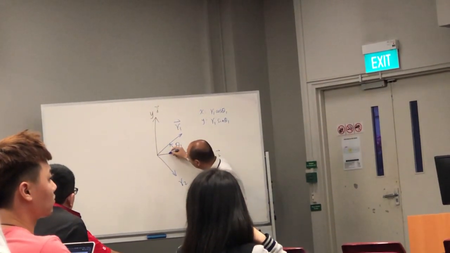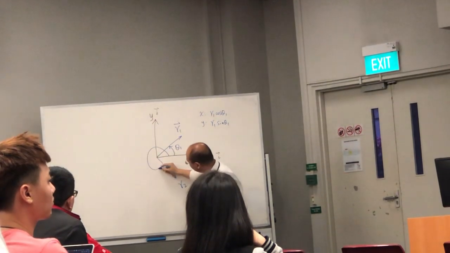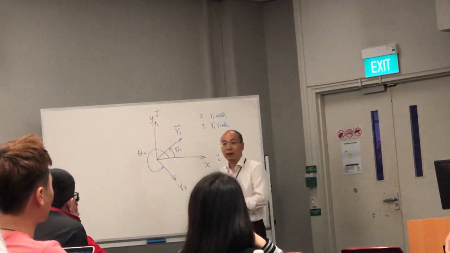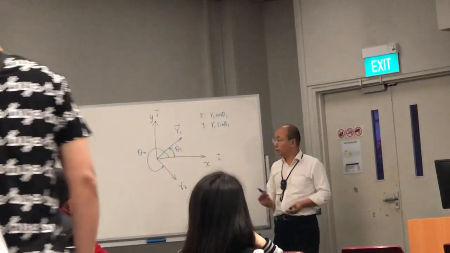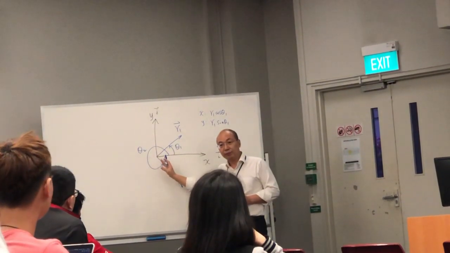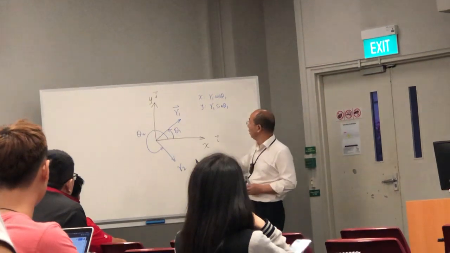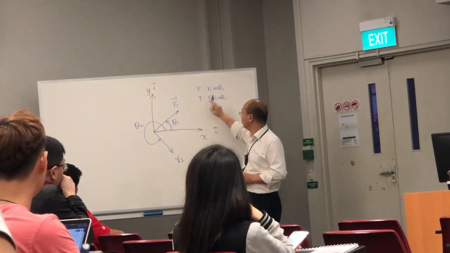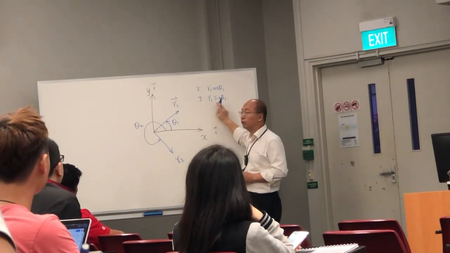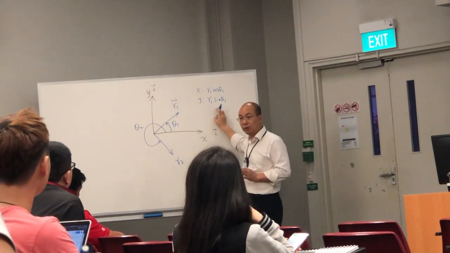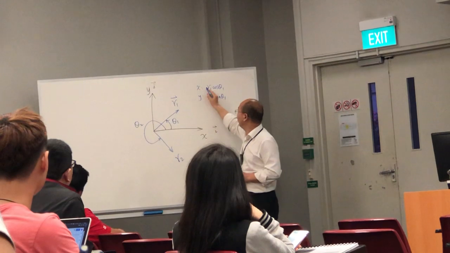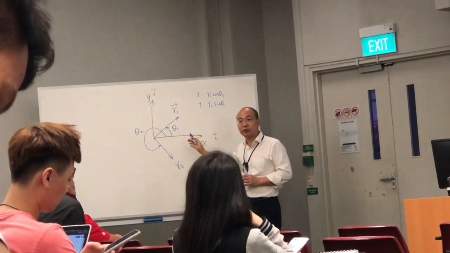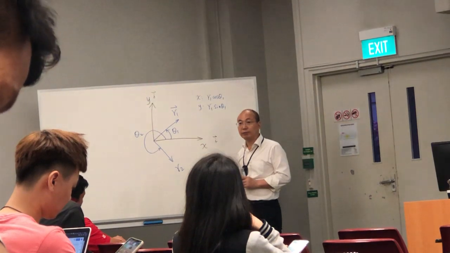So now from here all the way to here, this one is called theta 2, right? If you follow this convention, then it is still the same. X components will be R2 cosine theta 2, Y components R2 sine theta 2. You don't need to worry about putting a minus sign or plus sign here, because the sine and the cosine will automatically take care of it.